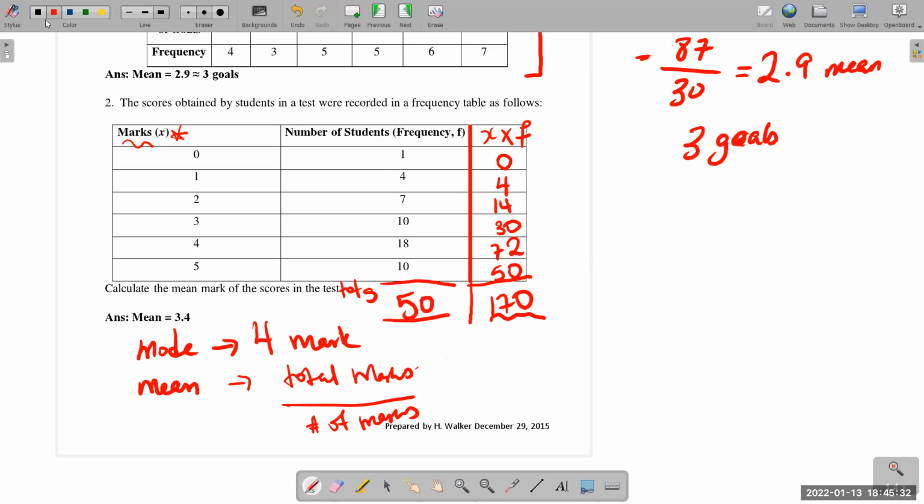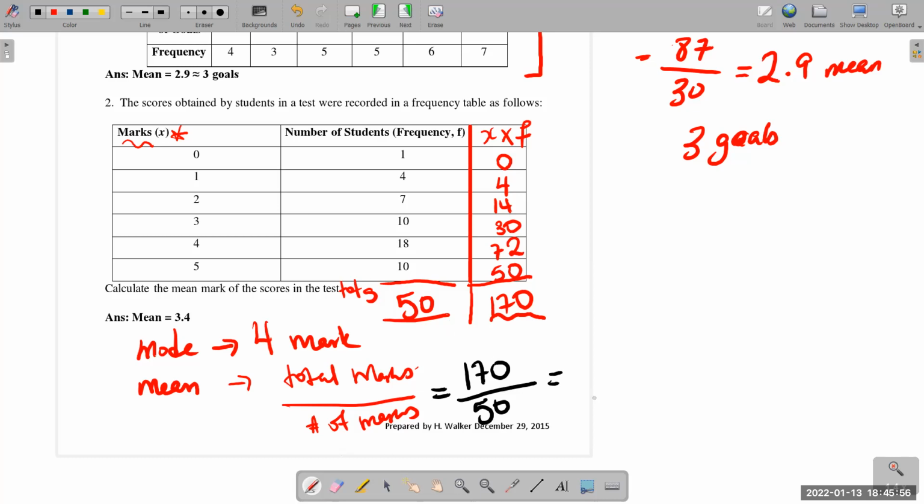All right. So that means which two numbers are we dividing, guys? Anybody know? We're going to be dividing 170 by 50, because it means that 50 persons received a mark. Agreed? So what is my answer? 170 divided by 50.